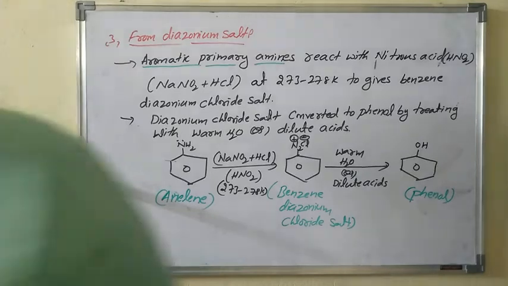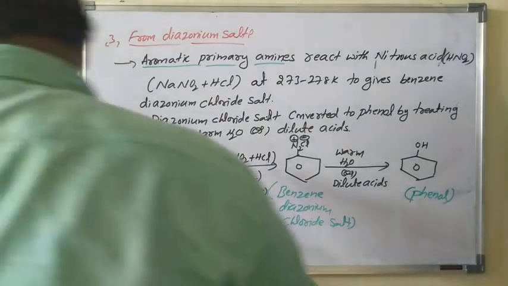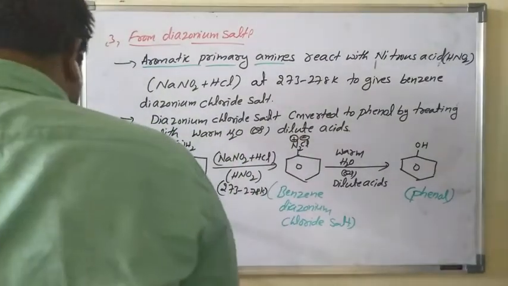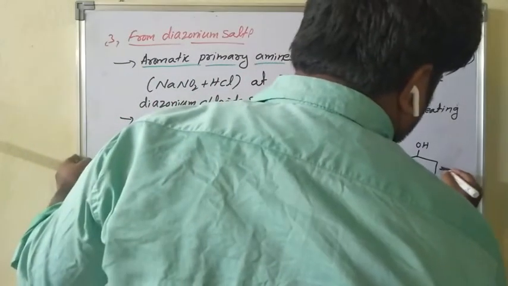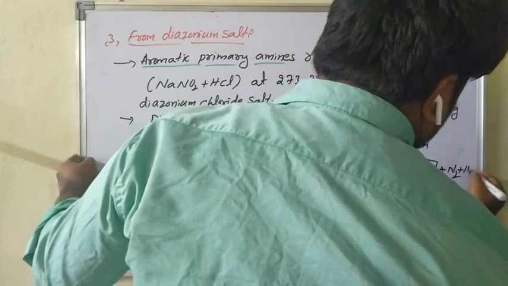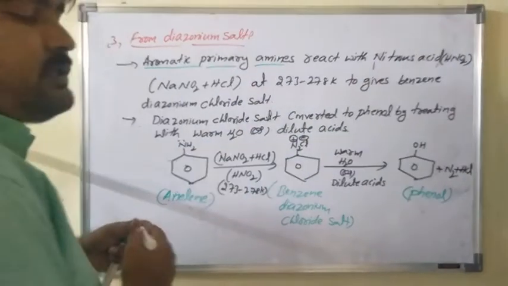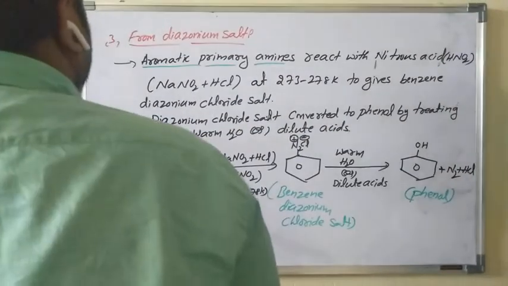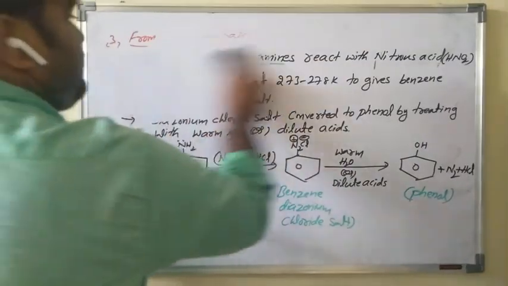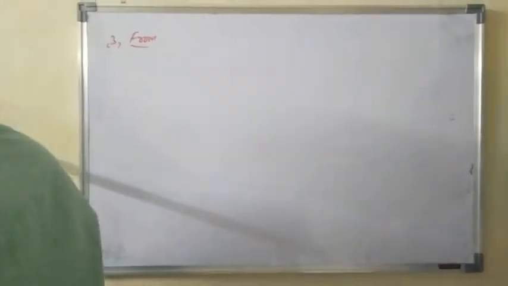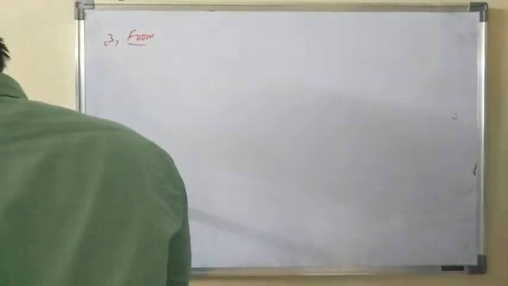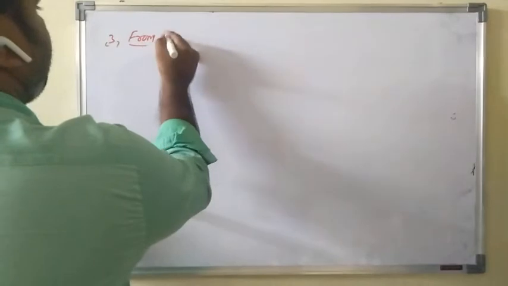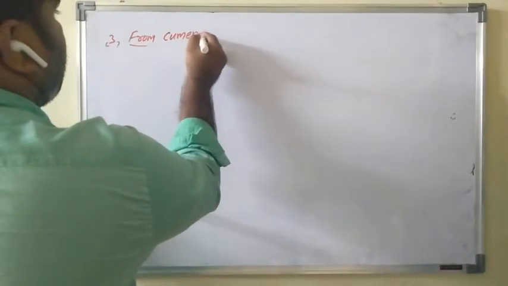See, next one is from cumene. This liberates nitrogen and HCl. Phenol is produced along with nitrogen and HCl. From cumene. So phenols are also manufactured from hydrocarbons.